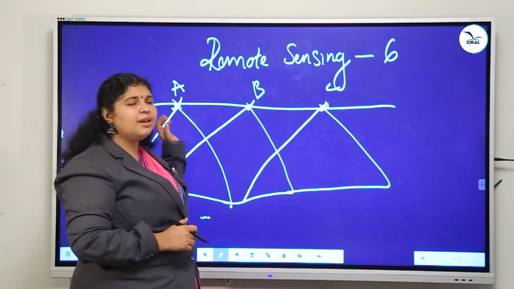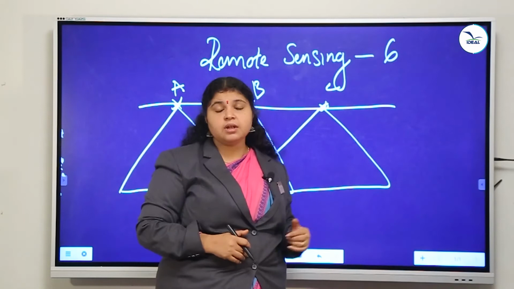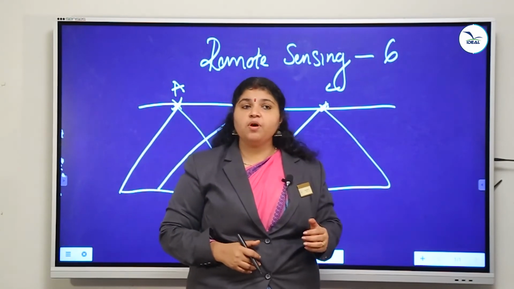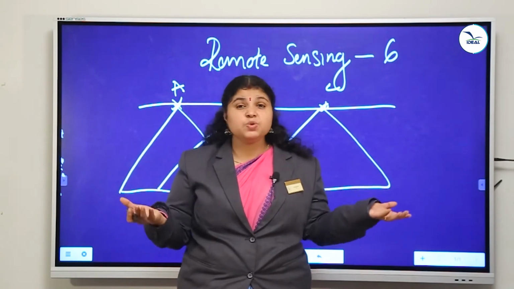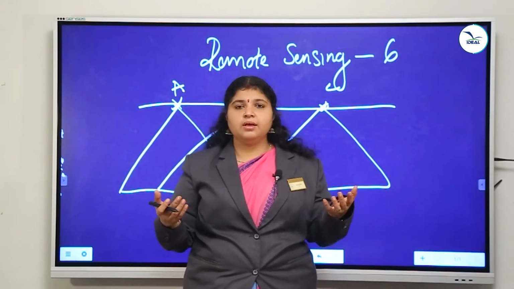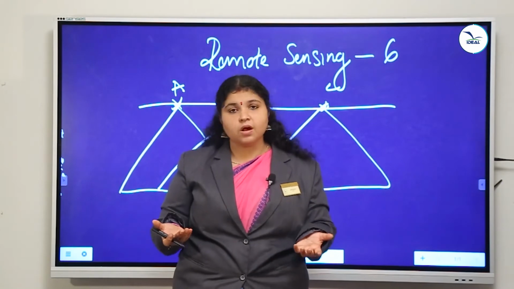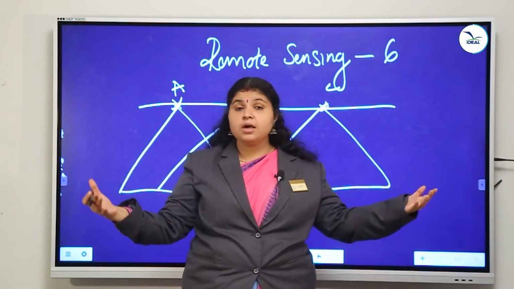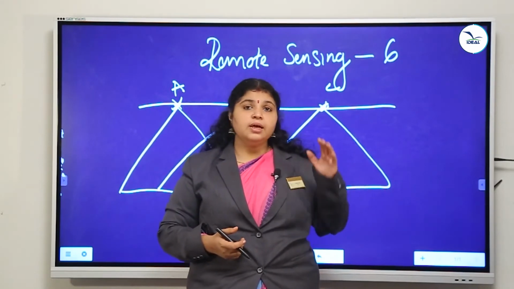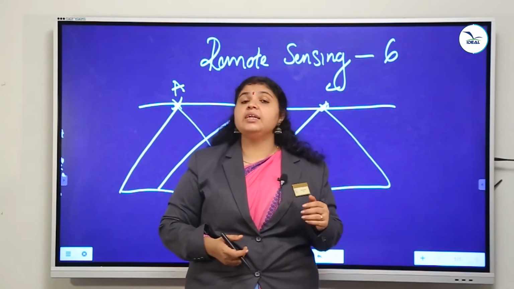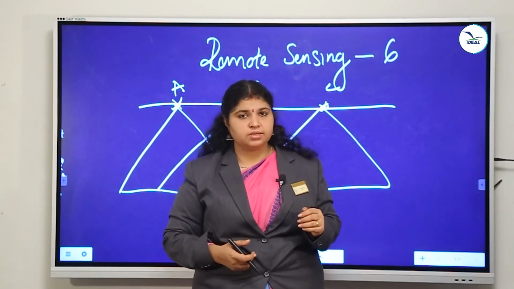But my dears, there are many demerits to aerial remote sensing. First of all, we are using helicopters, which is very costly because of the aviation fuel and all. It needs a large area for takeoff and landing. Often, the shaking of the aircraft affects the quality of pictures.